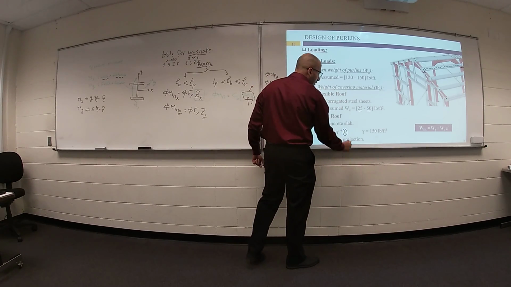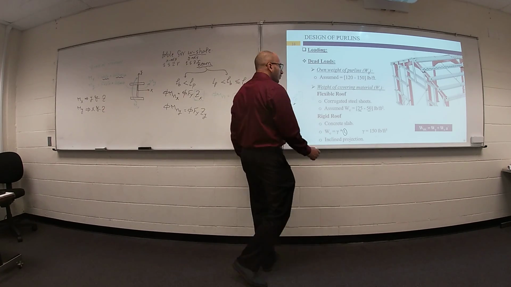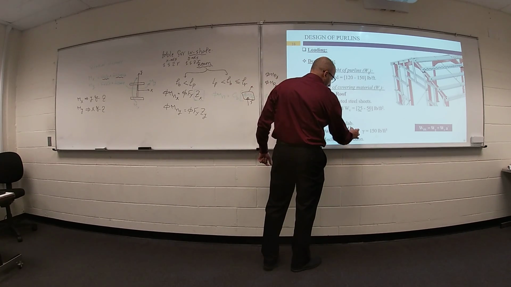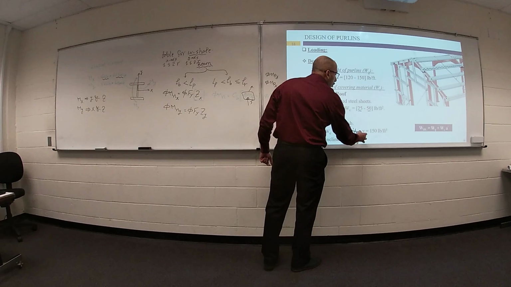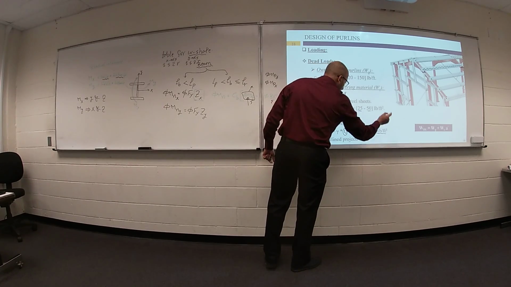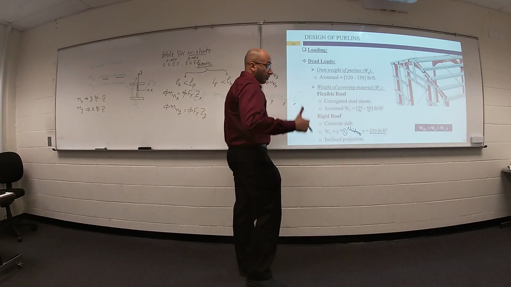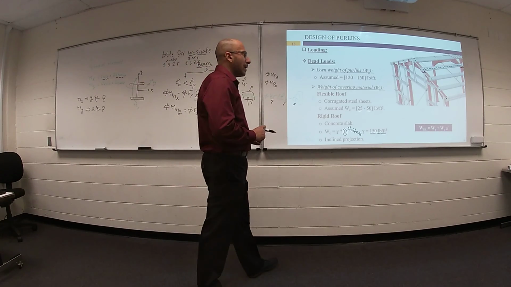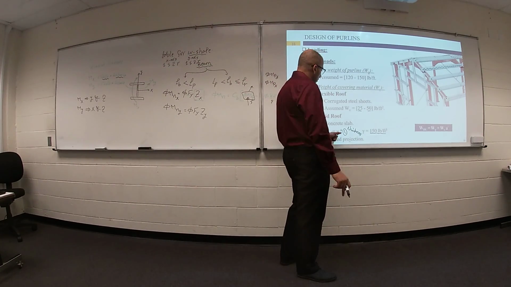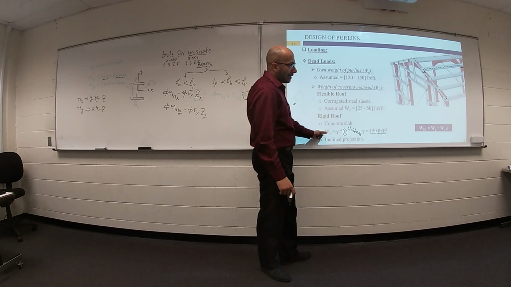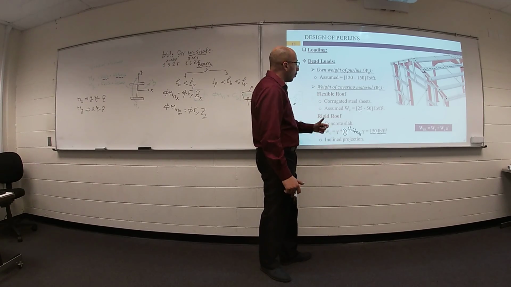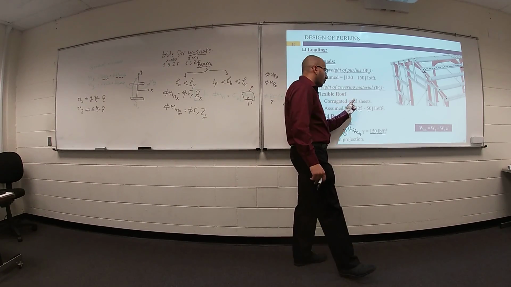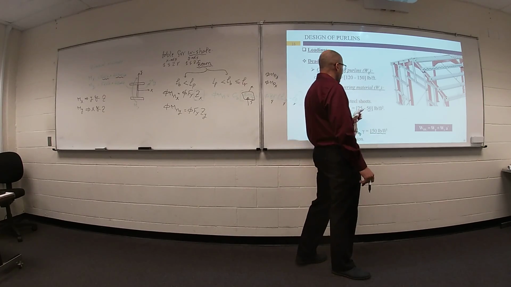Anybody remember what is the value of TS? Thickness. Thickness of your slab. And gamma for concrete. This value must be written in your mind. For concrete, gamma for concrete equal 150 pounds per cubic feet. If you multiply both of them, you can get a value for WC. Or if your roof is corrugated steel sheet, you can assume something in between.